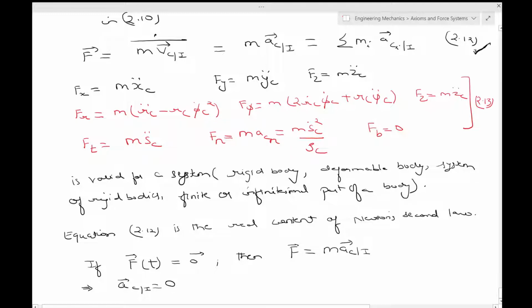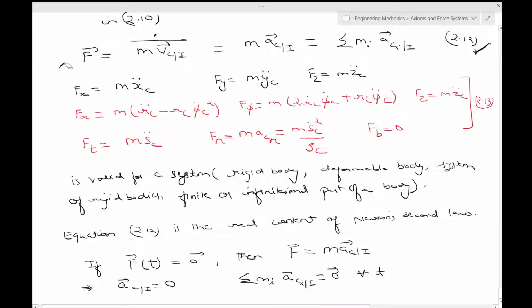And m_i a_Ci in the I frame is equal to 0 for all times. So if this quantity is equal to 0, this entire thing will also be equal to 0. That's what we are saying.